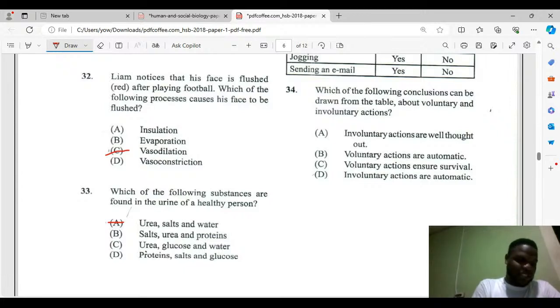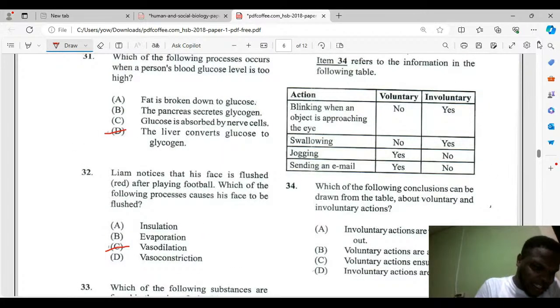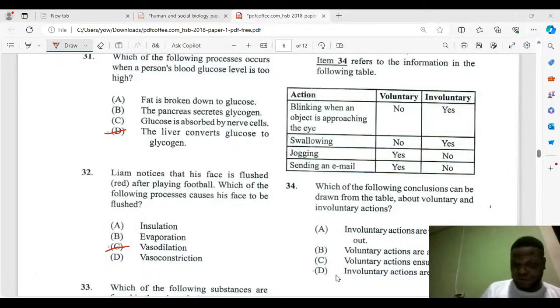What's this? Let's see. Okay. So what's your answer?